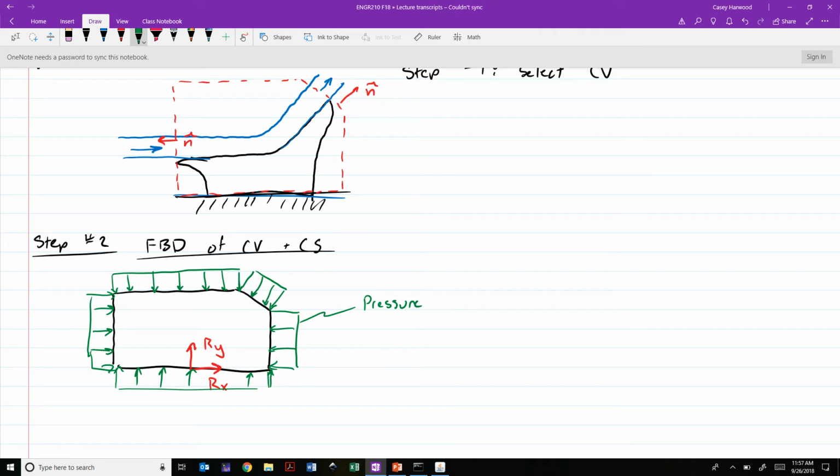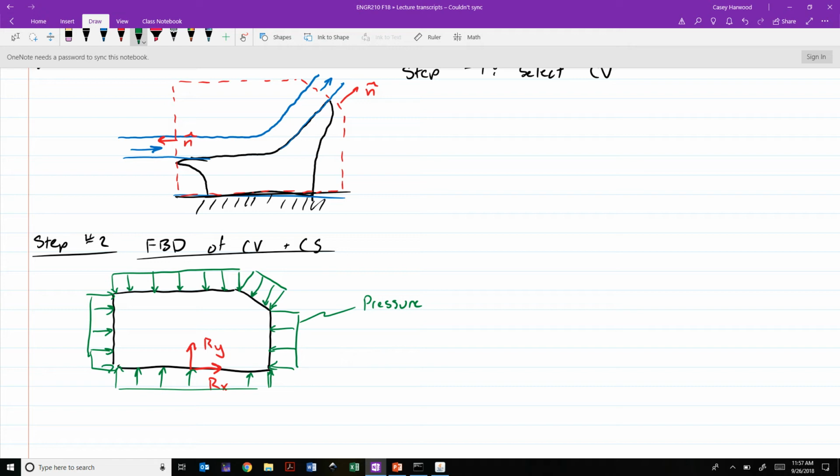In a case like this, we're going to see in a second that the pressure becomes unimportant. But in general, it's a good idea to account for the pressures whenever you're drawing your control surfaces, because a lot of the time, with things like jet engines that produce a very high velocity, they can modify the pressure at either the inlet or outlet. You need to account for that. But in a case like this, we're told to assume a free jet going in and a free jet coming out.